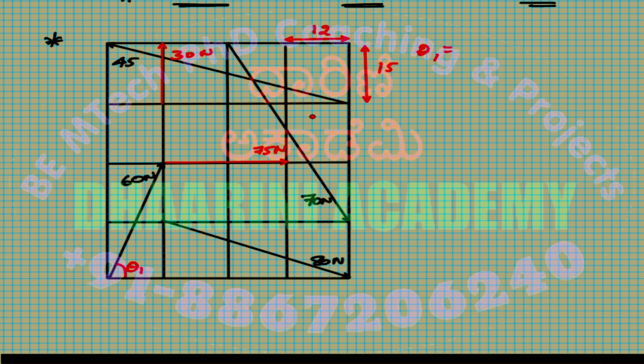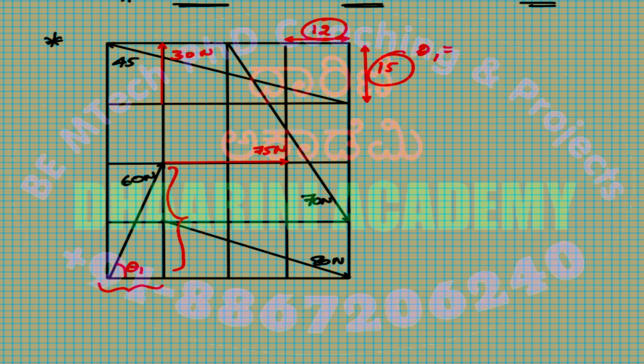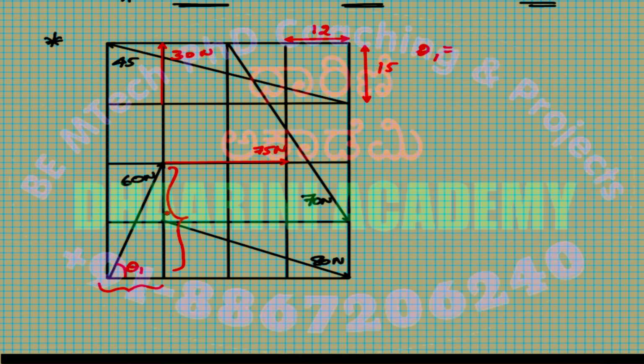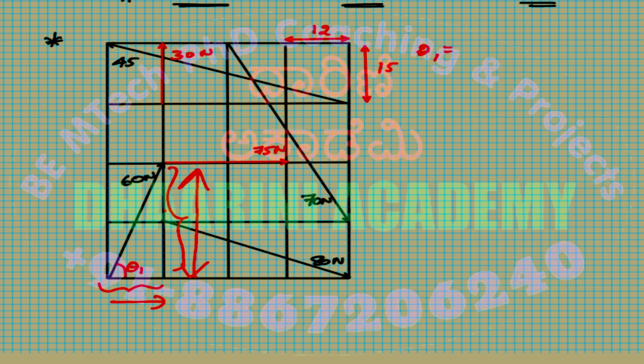I know this distance and this distance. Vertically I have to move two squares, so 15 plus 15, vertically 30, horizontally 12. So you can use the tan ratio to find the angle theta 1.